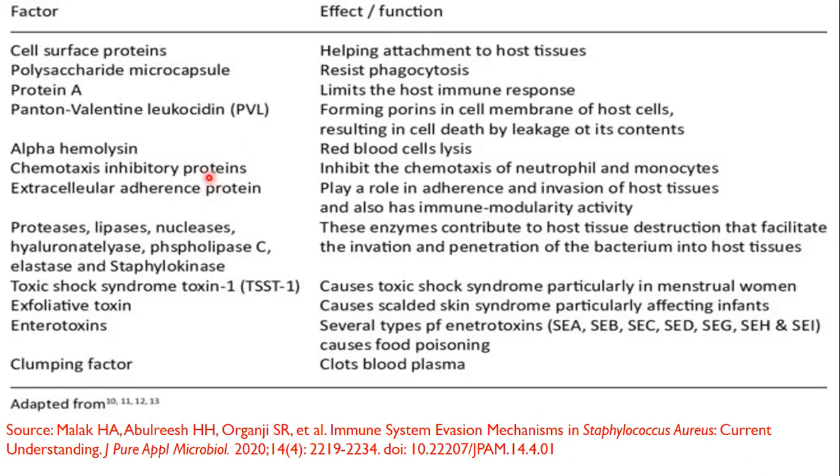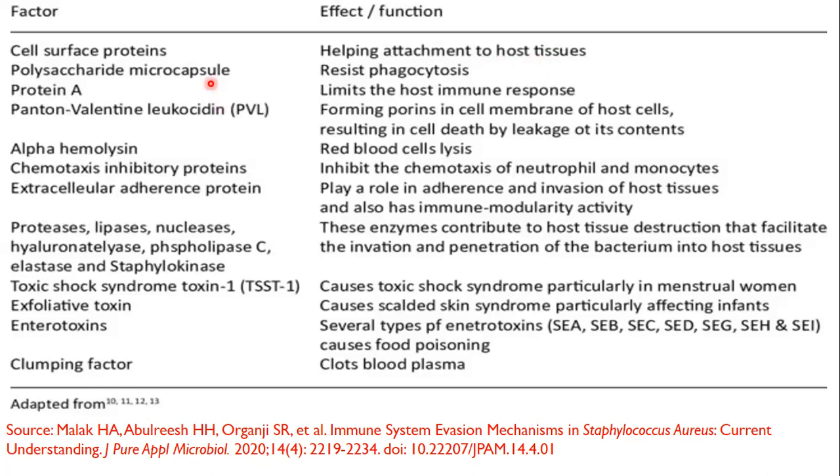Okay, so we have the following cell surface proteins. These factors are found on the cell membrane or cell wall of the microorganism, so they help attach the microorganism to the host tissue.